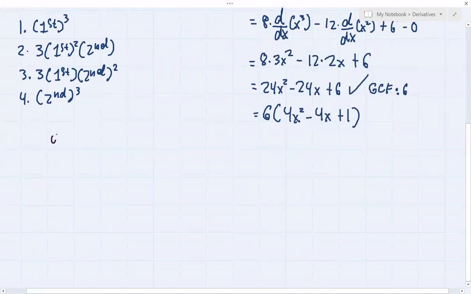So, we have 4x squared minus 4x plus 1. Okay? So, we will use the slide and divide method. What I will do is multiply the coefficient of x squared by the constant term. So, I will have x squared minus 4x plus 1 times 4. Like, I moved the 4 to the 1. That's what I did. Alright?